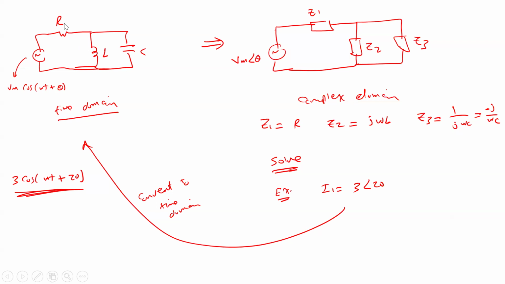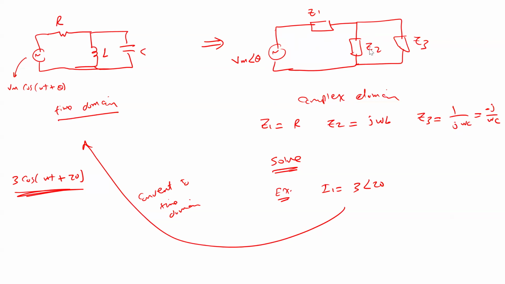Also, last time I told you, if you have a resistance R, I convert it to an impedance, which is also R. So Z1 here is R, very easy. However, if you have an inductor with inductance L, it is replaced by an impedance.